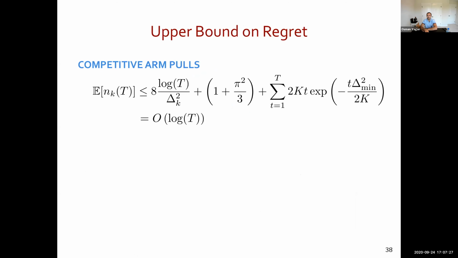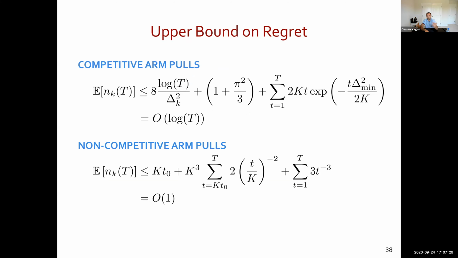The competitive arms, I mean, this is expected, but non-competitive arms are pulled again order of 1 time. And the notion of non-competitiveness is again very similar. If you can identify an arm as non-competitive by pulling only the best arm with enough samples from the best arm, if you can tell that it is suboptimal, they will be non-competitive.